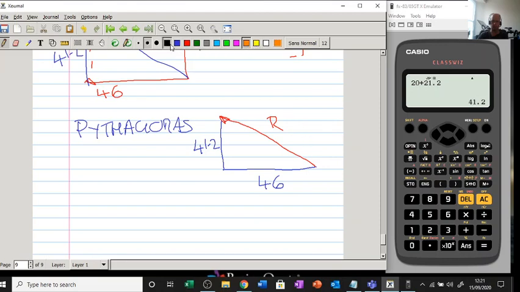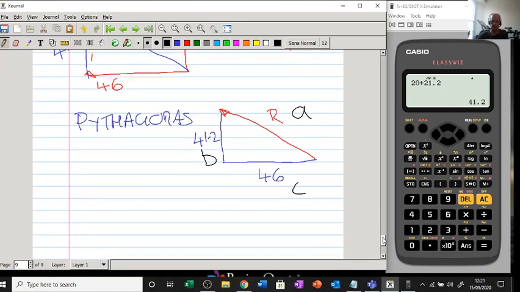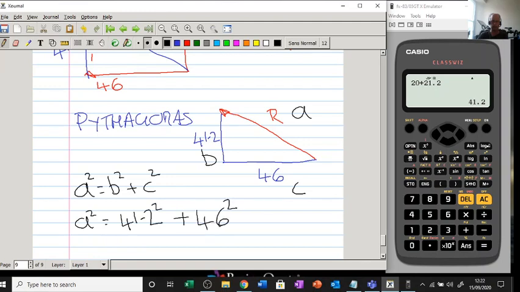Let's go black. I'll call this A, this B, and this C. I've made some videos on Pythagoras, but you should really know Pythagoras. So we know that A squared equals B squared plus C squared. I'm trying to find A. So A squared equals 41.2 squared plus 46 squared.